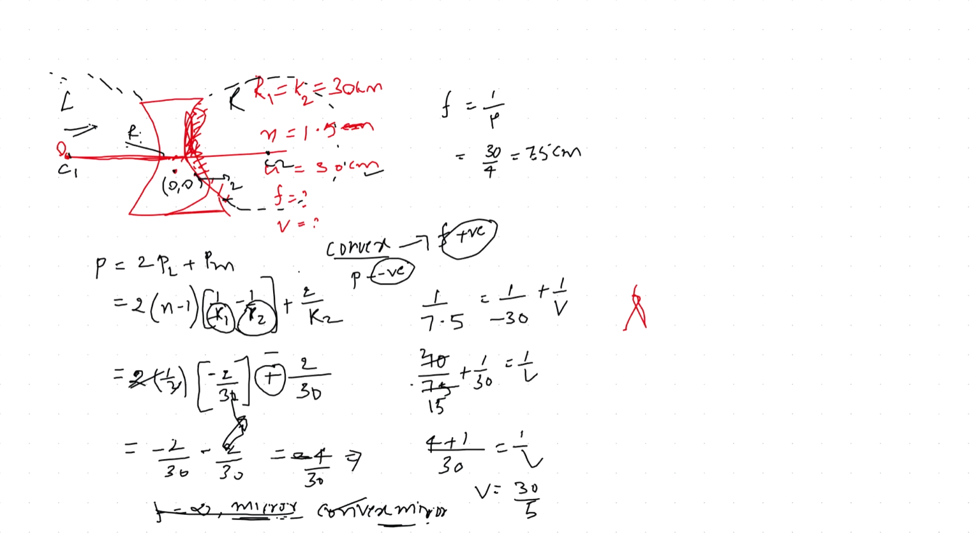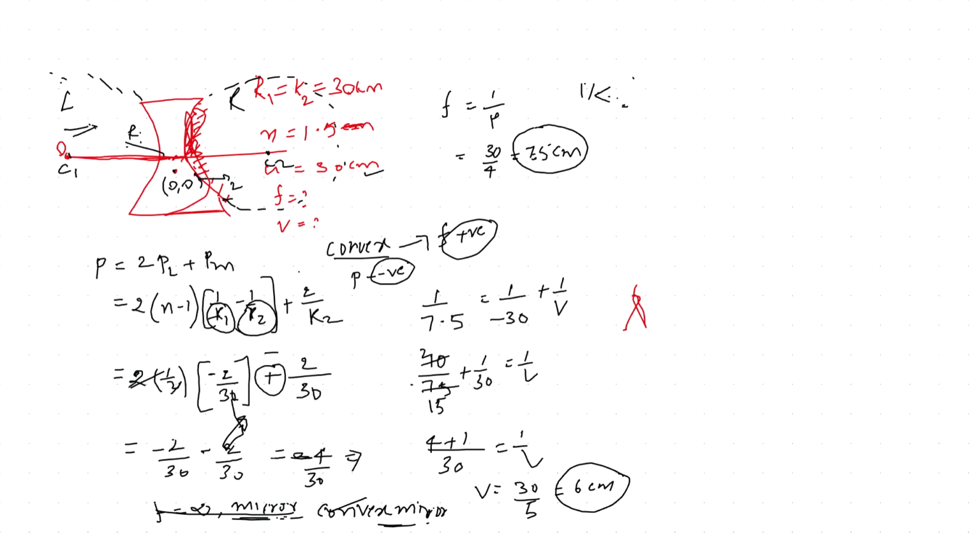Is our answer correct or not? We will verify. See, it is clear. So here, focal length, how much did I get? 7.5. So V is less than focal length. So this is the case.